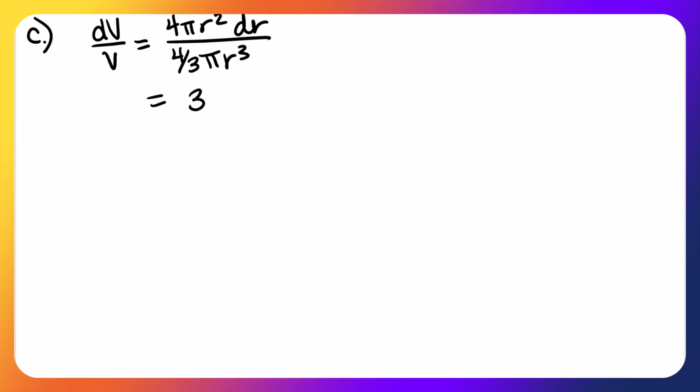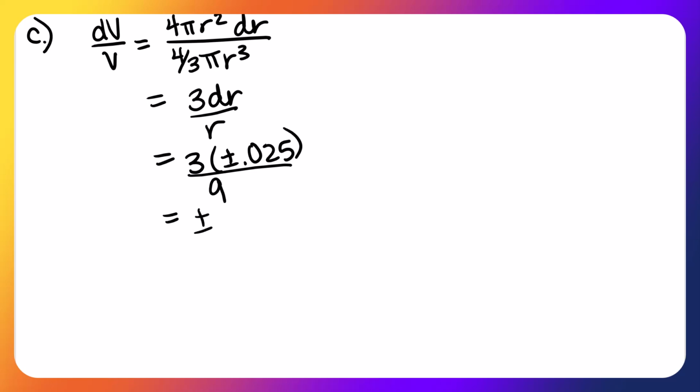That would leave me with 3 dr over r. So again, remember that the dr value is the plus or minus 0.025, and our r value is 9. So that's going to give me about plus or minus 0.00833.